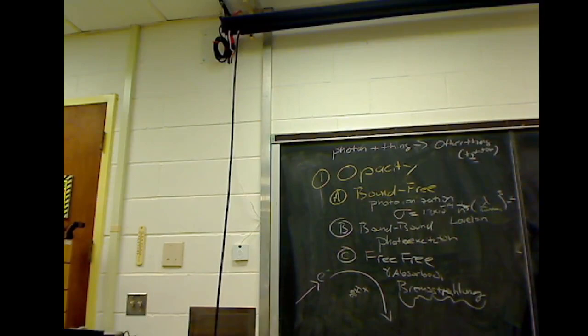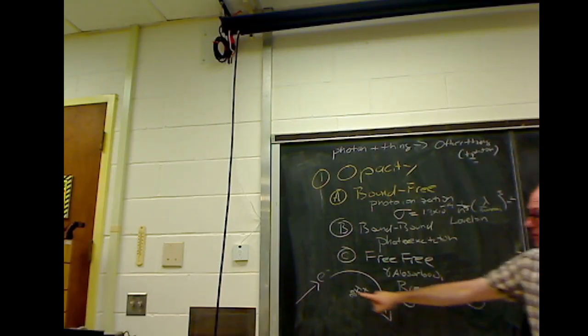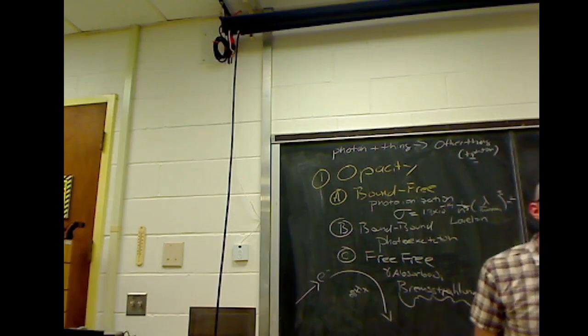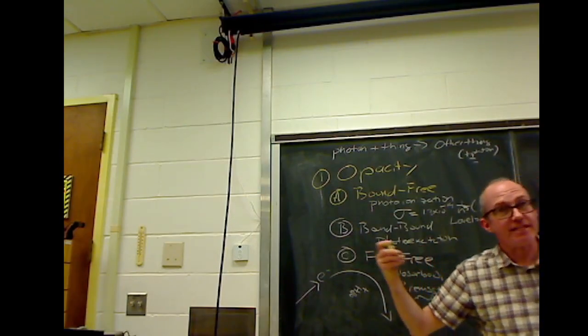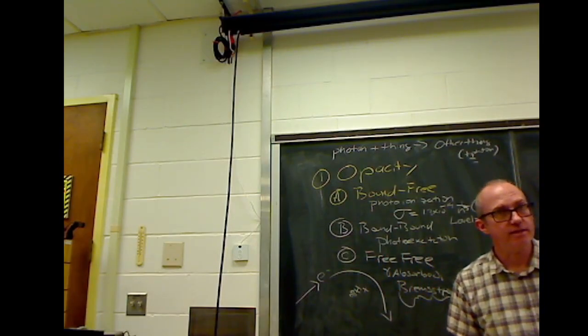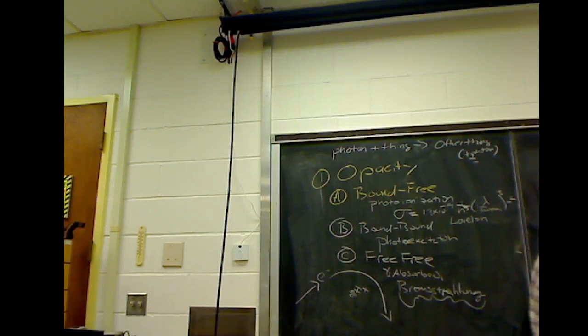So the first thing that can happen is the photon is absorbed, and the electron is accelerated, and then the electron is decelerated by the ion, which kicks off another photon. That's a lower energy photon. So this is free-free.